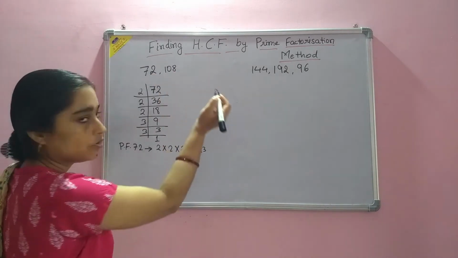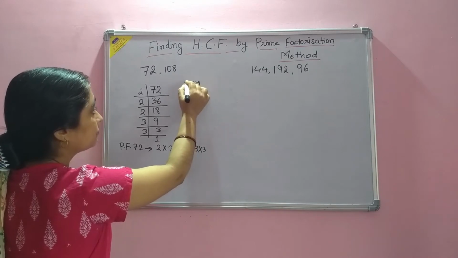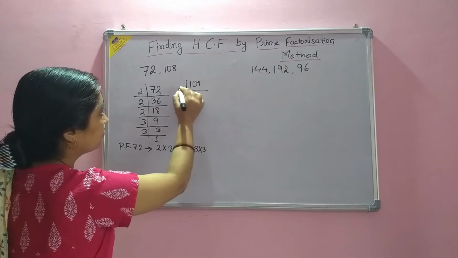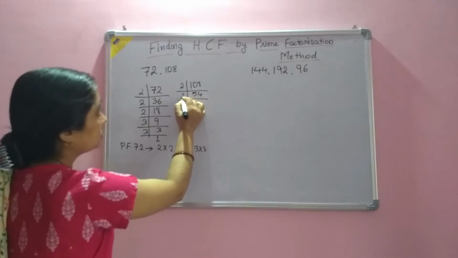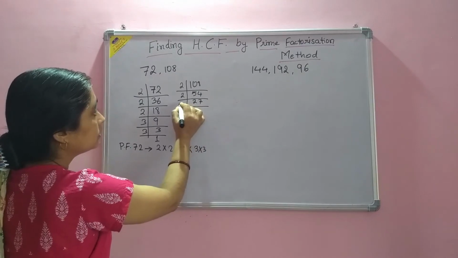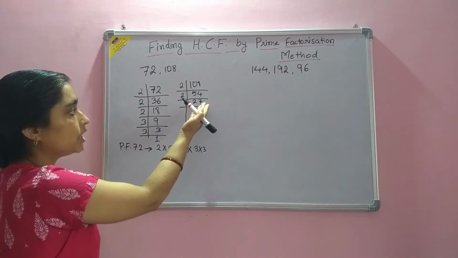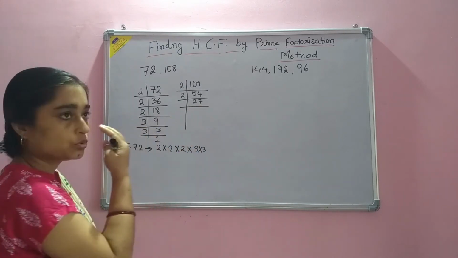Okay. And now we will find the prime factorization of 108. See. 2 5s are 10, 2 4s are 8, 2 2s are 4, 2 7s are 14. Now it is not divisible by 2 as there is an odd number at last, but it is 7 plus 2, 9.